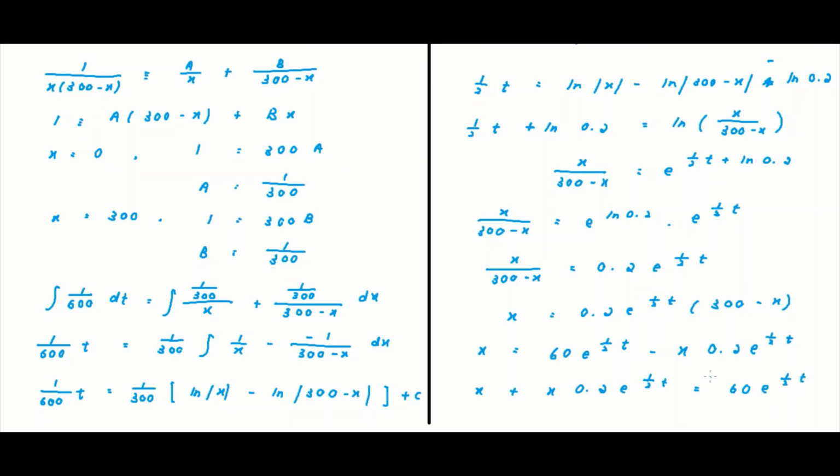We want to solve for x, so continue from here. 1 plus 0.2 1 over 2t equal to 60 1 over 2t. So your last answer, x equals to 60 1 over 2t over 1 plus 0.2 1 over 2t.